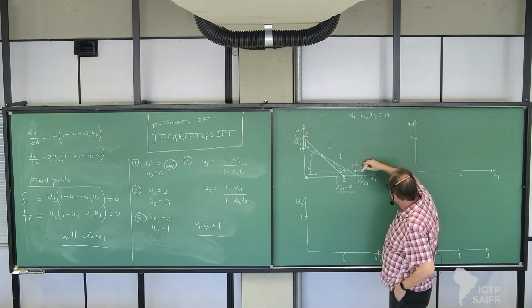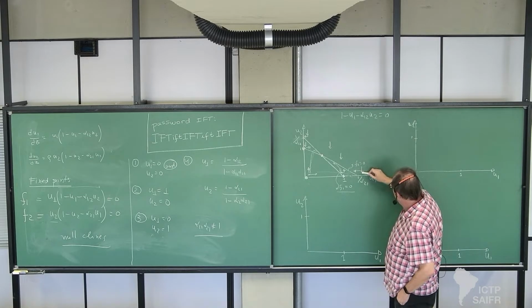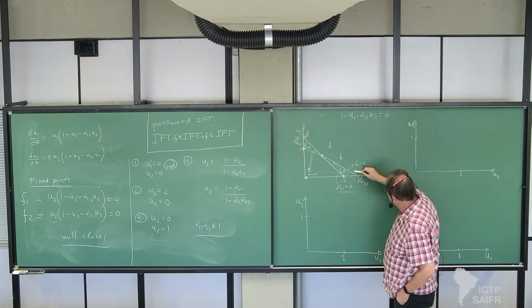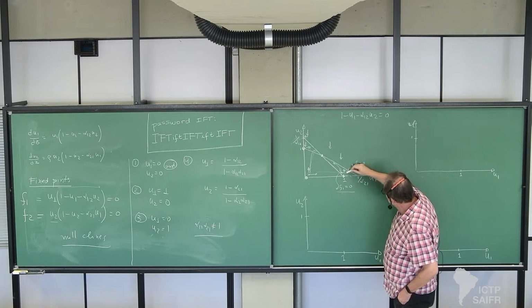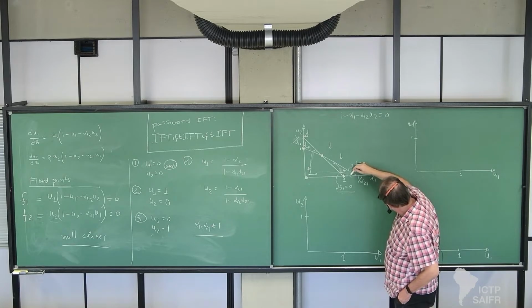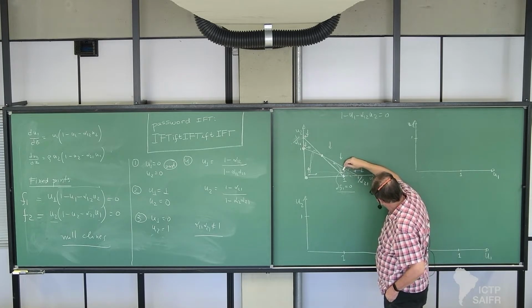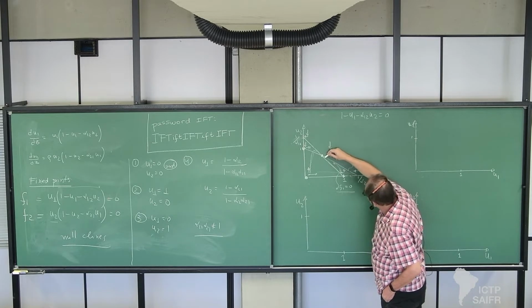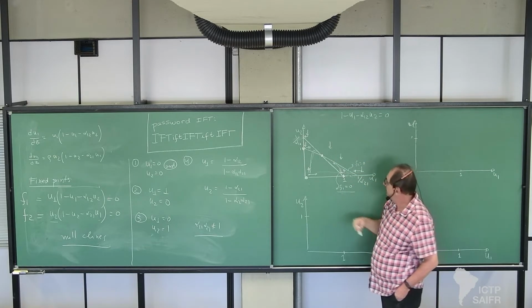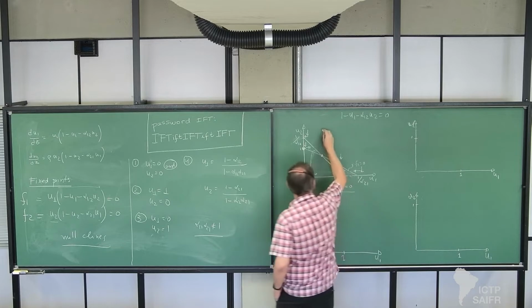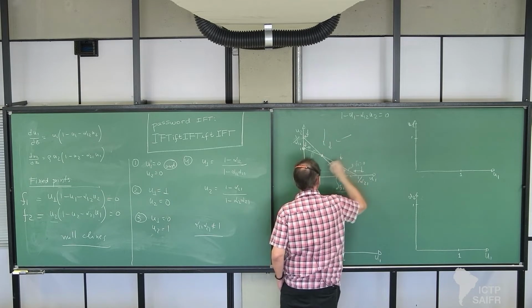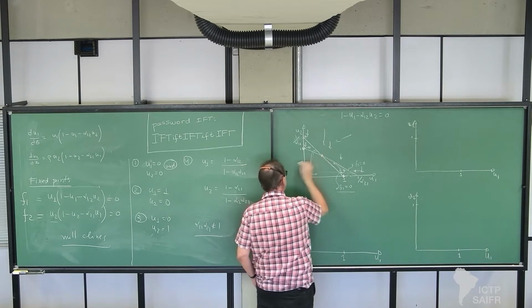If I start here, for instance, I decrease both. But then this one starts to increase, and you go again, increase. You will increase here, and then you will go this way. From anywhere you go this way, so this is a stable fixed point.